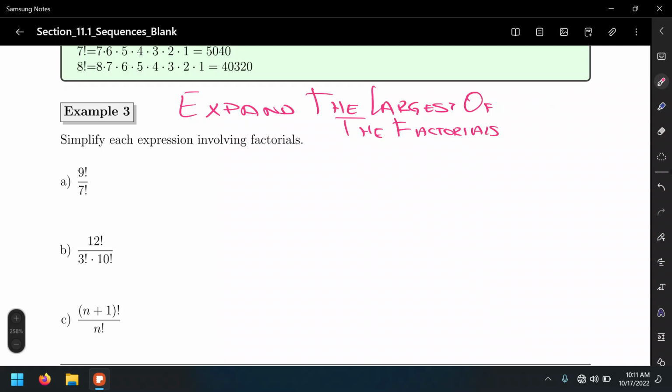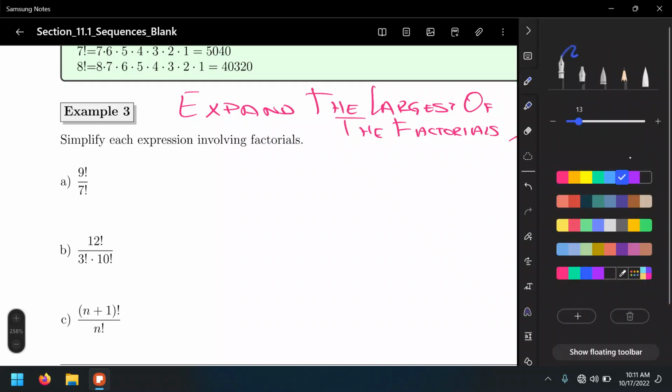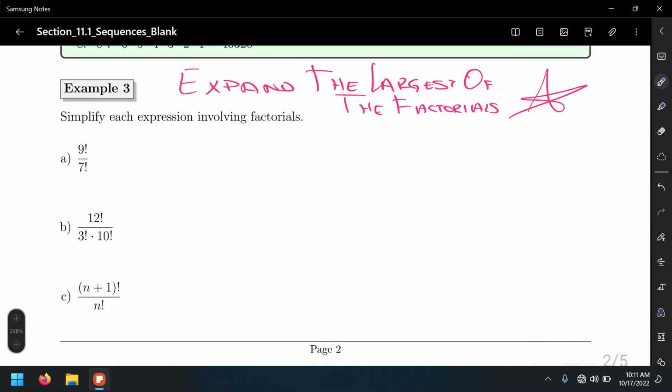The key is to expand the largest of the factorials. That's the key here. So they're asking us to simplify 9 factorial over 7 factorial. Which of the two factorials is the largest? 9. So this is what we're going to do. We're going to do 9 times 8 times 7.